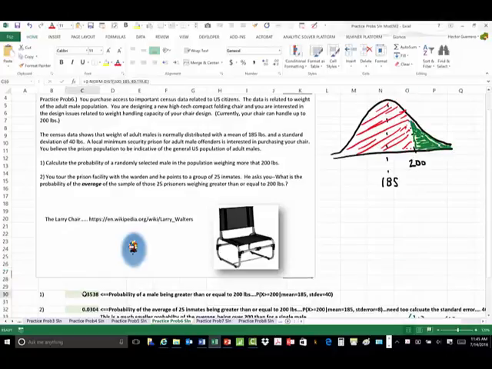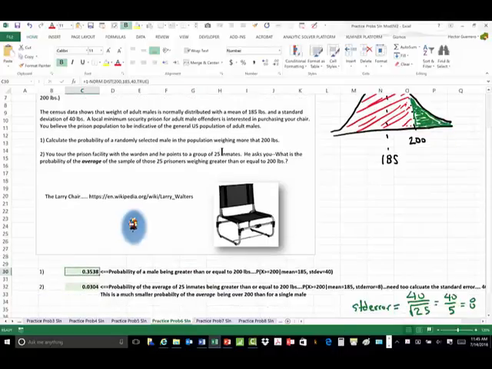So here is our calculation. The important part of this is the normal distribution function, NORM.DIST, with 200 as the point that we're interested in, 185 as the mean, and a standard deviation of 40. And yes, we want cumulative, okay? So we calculate that, and that's really going to give us this area in red.